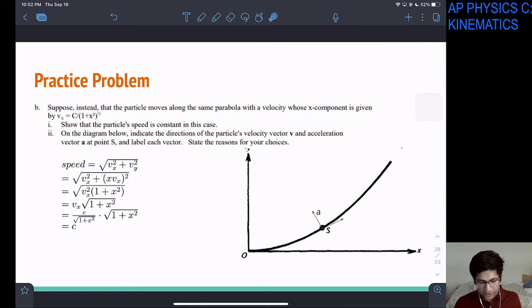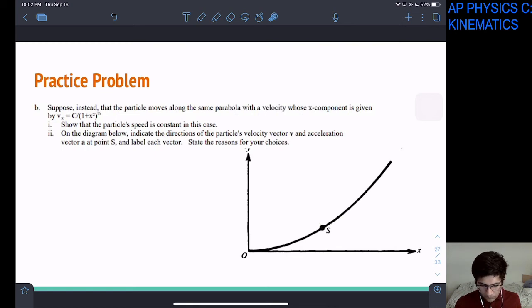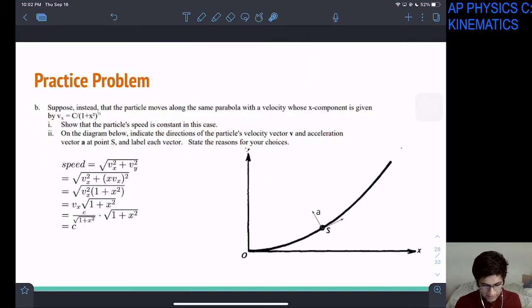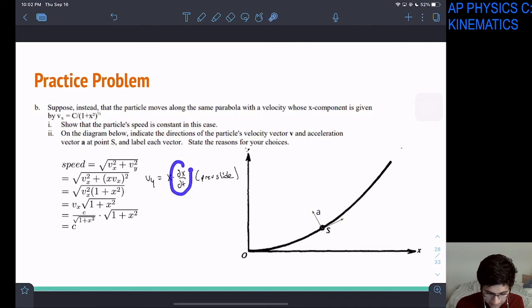And then our y component is x times dx/dt. I'll write that out. So vy is equal to x times dx/dt, and this is from the previous slide. Then we substitute in dx/dt, which is just vx here. And we substitute x and we square it.